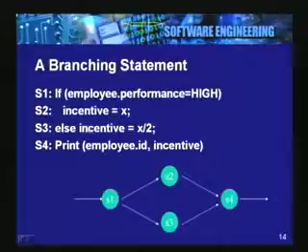S4 is after the if-then-else, so S4 executes after the entire if-then-else statement executes. So, it is basically a join point, a join of the 2 branches, and S1 is the point where you branch into 2 different paths. The else part is the S3 part and the if part is the S2 part.